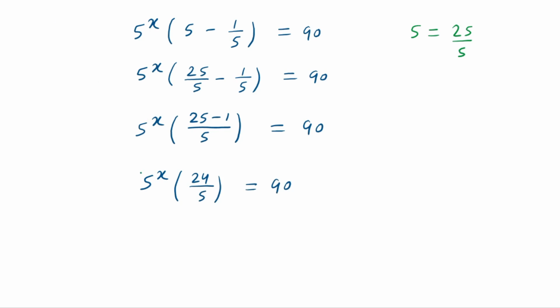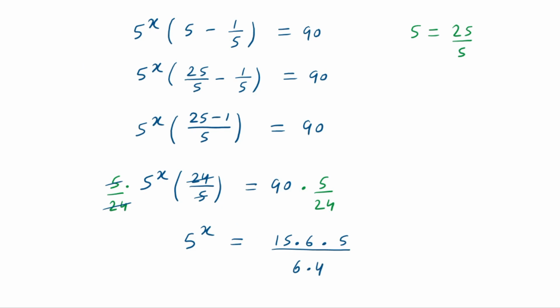Now multiply both sides by 5 over 24, and the right hand side is also multiplied by 5 over 24. Then on the left hand side this 24 and this 24 cancel out, and this 5 and this 5 cancel out. Then on the left hand side we have 5 power x, and this is equal to 90. We can write this 90 as the product of 15 times 6 times 5 over, and we can write this 24 as a product of 6 times 4.